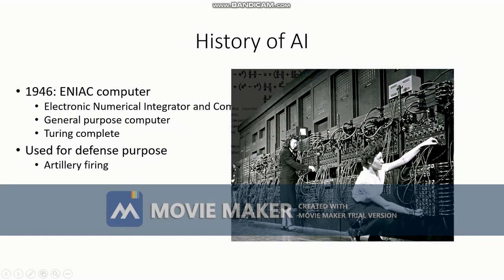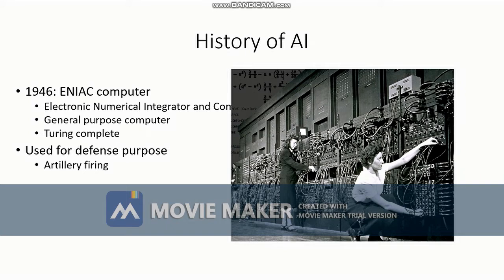Now there was a saying that ENIAC can compute the trajectory of a projectile within 30 seconds. But this computation of the trajectory of a projectile was earlier done by something called human computers. At that time there was a job called human computers, where humans used to compute the trajectory of a projectile, and it used to take around 9 hours.